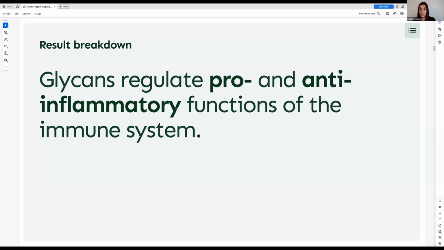There are certain states or certain periods where we would want to have higher levels of pro-inflammatory glycans, and that is, for example, in cases where we have an infection, or when the body is trying to fight off cancer, or after chemotherapy. So these are kind of change states, but we want to make them pass as quickly as possible and regenerate the anti-inflammatory pathways in the body.